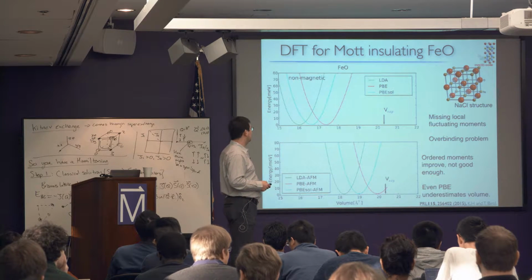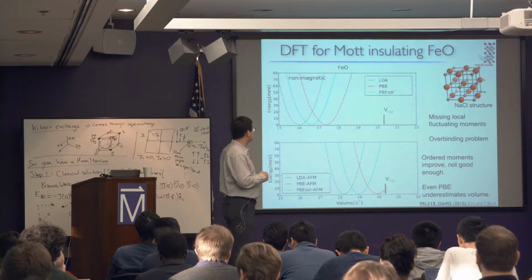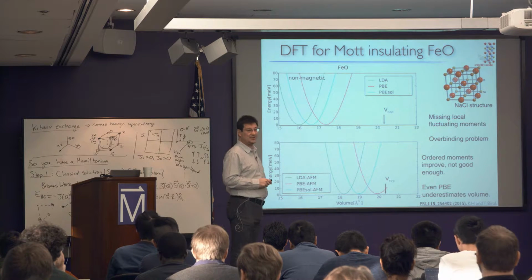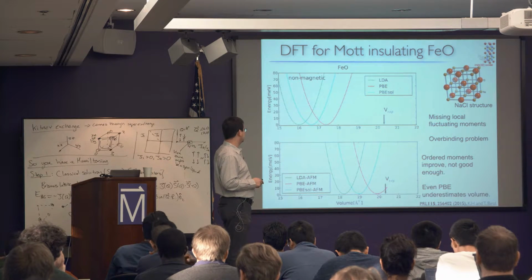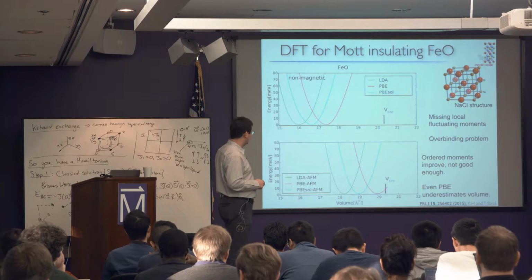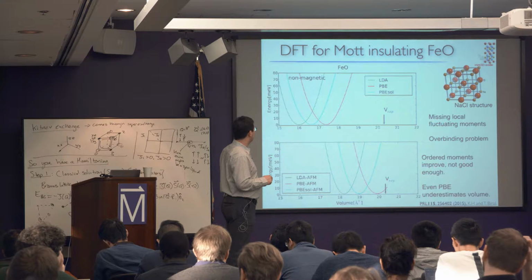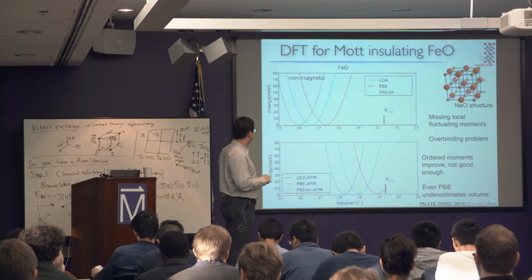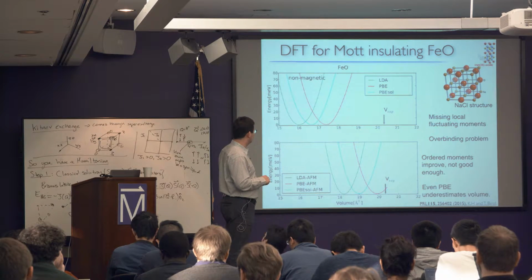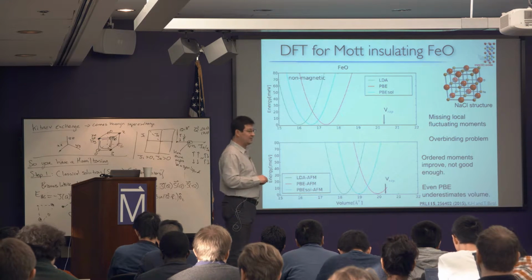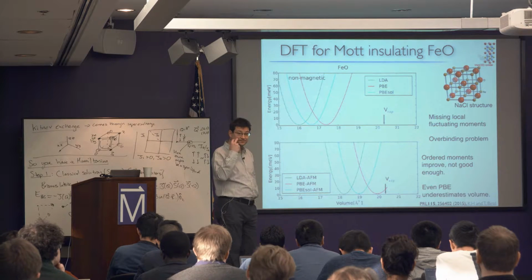However, if you look at another system like the Mott insulating FeO, then the agreement is much worse. If you look at non-magnetic FeO, you see that within DFT, LDA underestimates, PBE underestimates, PBEsol too. They're all very, very far from experiment. Experiment is here.